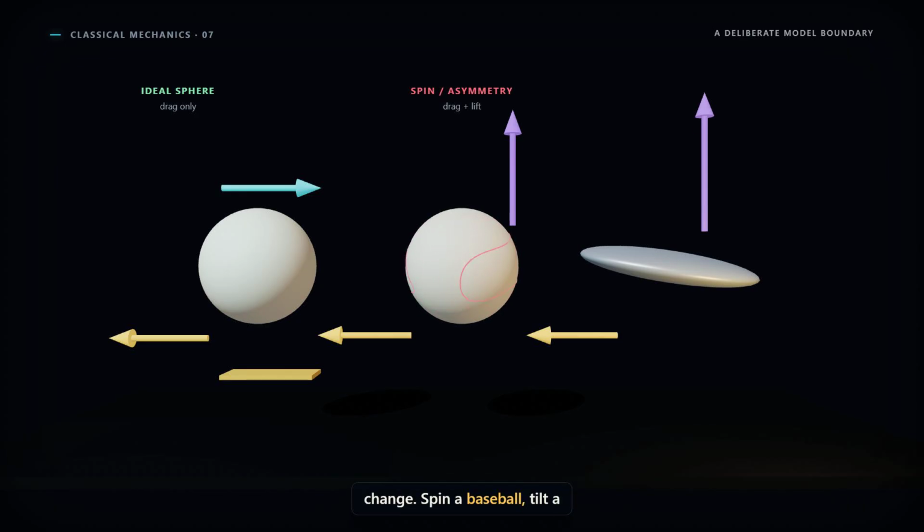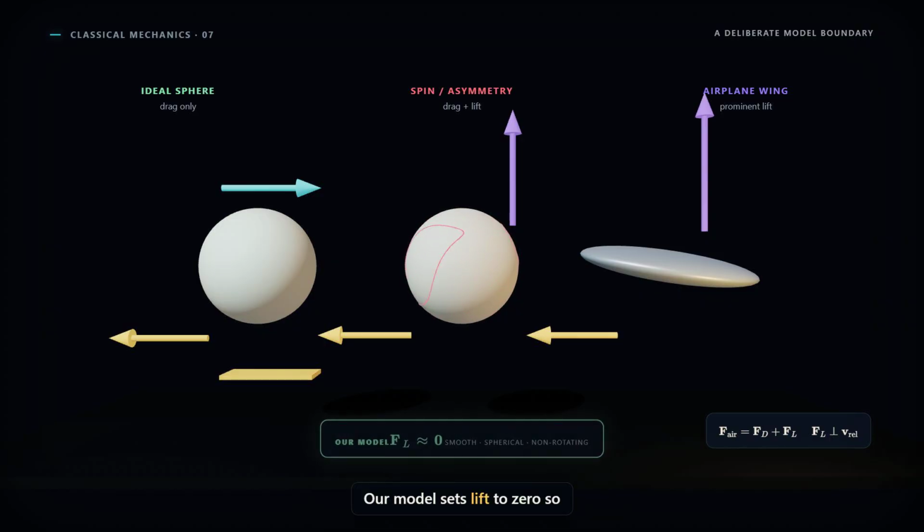Spin a baseball, tilt a non-spherical body, or shape a wing, and the air can exert a component perpendicular to the relative velocity. We call that component lift. Lift need not point vertically, it means sideways relative to the flow. Airplanes require it. Our model sets lift to zero so we can isolate drag cleanly. That is a stated simplification, not a claim that lift never exists.